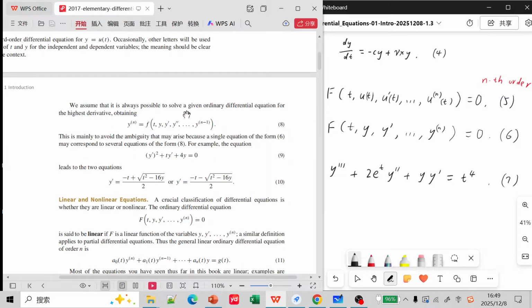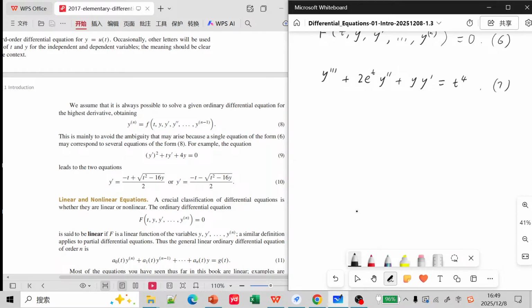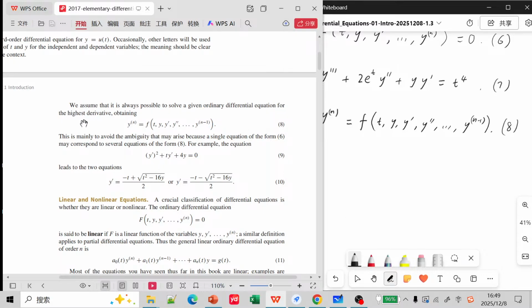We assume that it is always possible to solve a given ordinary differential equation for the highest derivative, obtaining y⁽ⁿ⁾ = f(t, y, y', y'', ..., y⁽ⁿ⁻¹⁾).